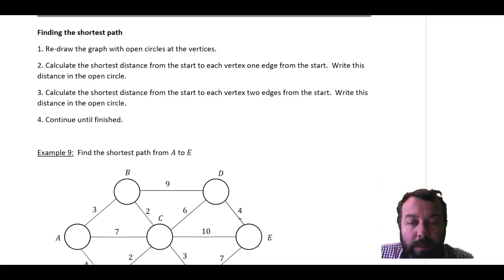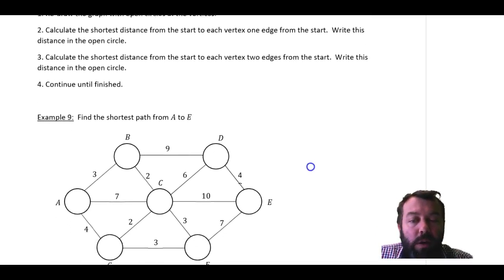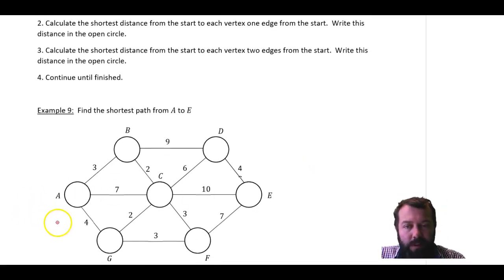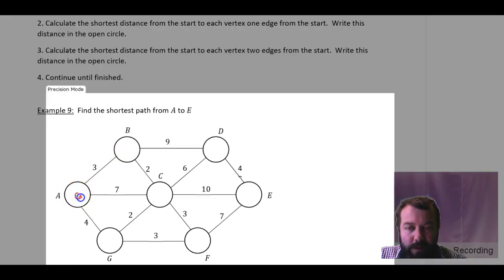What we're going to do here is draw the graph with these open circles instead of closed dots, because I'm going to write numbers in there. And that's going to be the shortest distance to that vertex. I'm going to start from A and look at everything that I can get to in one step, that's one edge away. I don't really need anything for A, because from A to A is obviously 0.